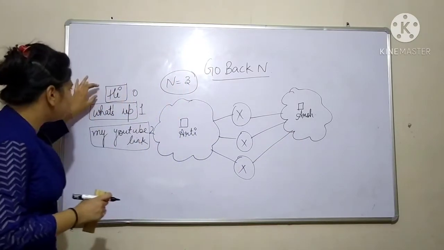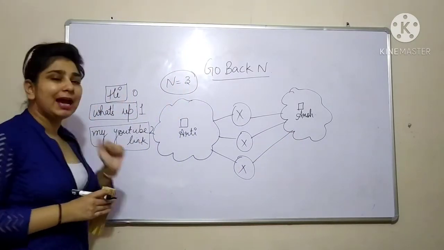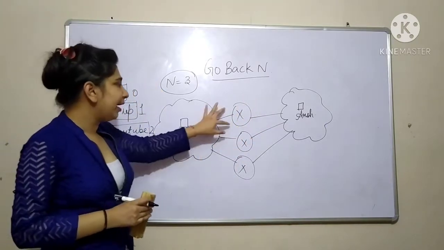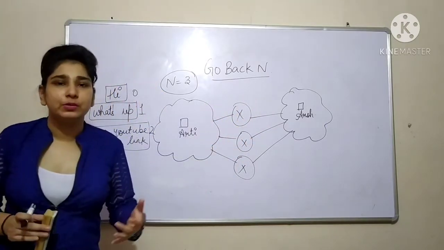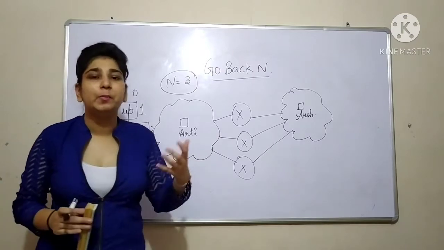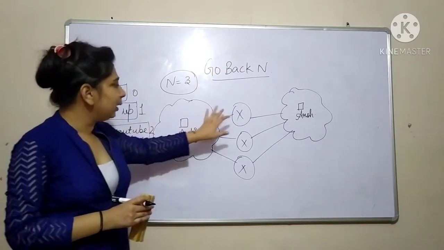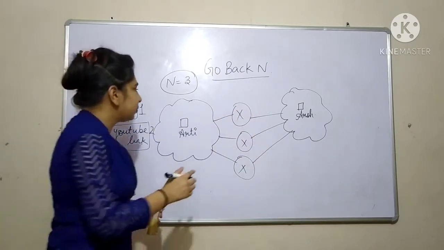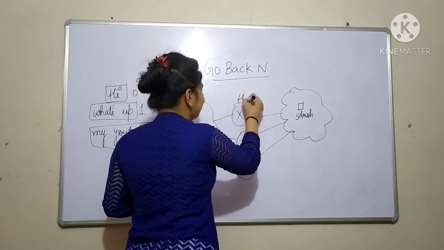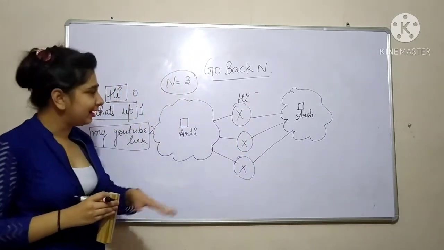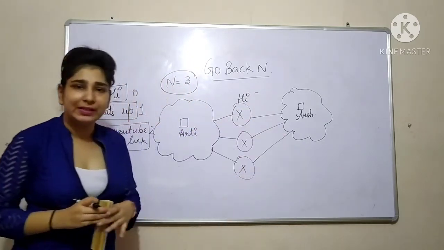It is not necessary that all the packets I am sending will follow one path. They might follow different routes, different paths. Let's suppose the first packet, hi, is moving through this route.